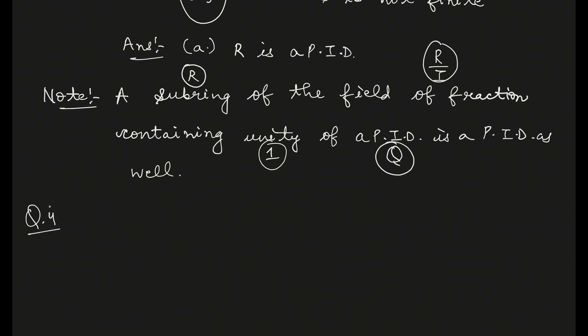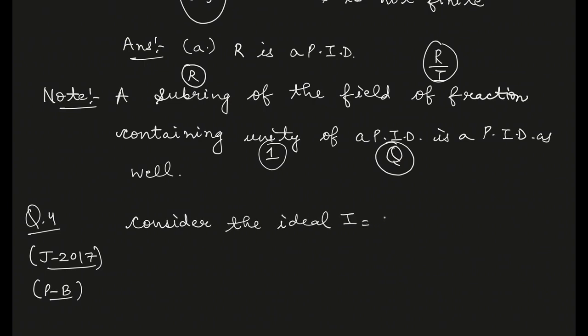Next, consider the ideal I equals x square plus 1 comma y in the polynomial ring C[x, y].